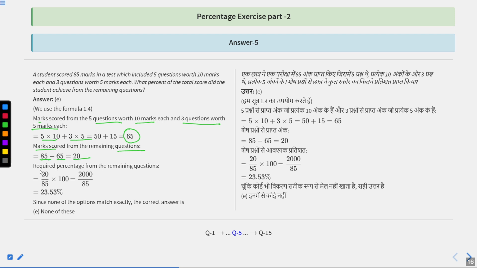So the question requires the percentage from the remaining questions. So 20 upon 85 multiplied by 100, which is 23.53%. Okay. Since none of the options match exactly, the correct answer is none of these. Okay. Next one.